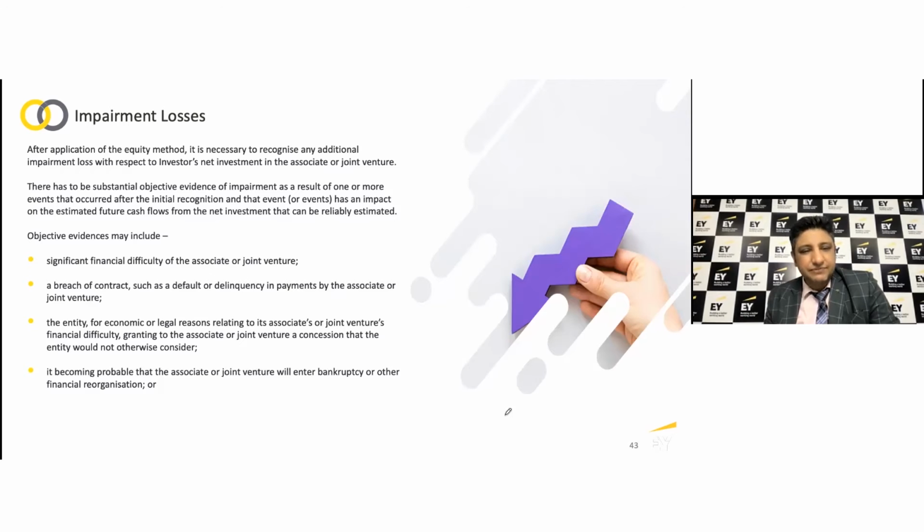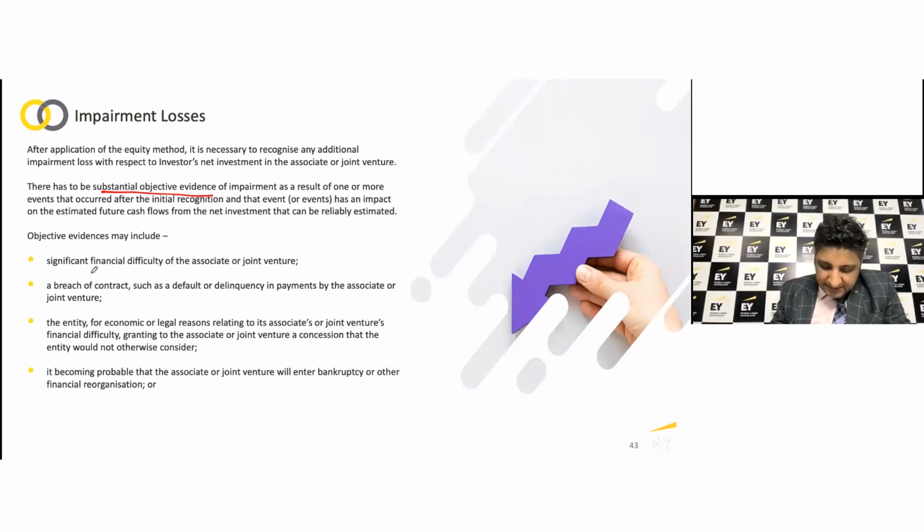There are financial difficulties, right? There could be some legal repercussions that the entity is facing, right? So you need to assess those. You need to have clear, demonstrated evidence which suggests that there is an impairment of the investment that you have made in that associate, right?